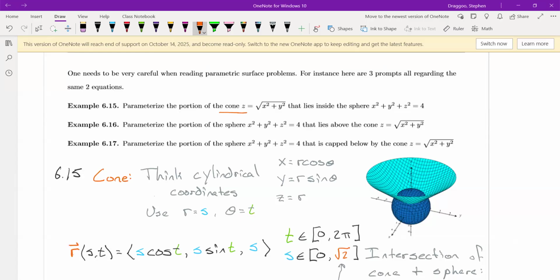Because in the first example, we're going to ask to parameterize the cone. So the parametric equations I come up with should describe the cone, whereas in the second two, we're looking to parameterize the sphere. So it should be the sphere that gets the parametric equations.